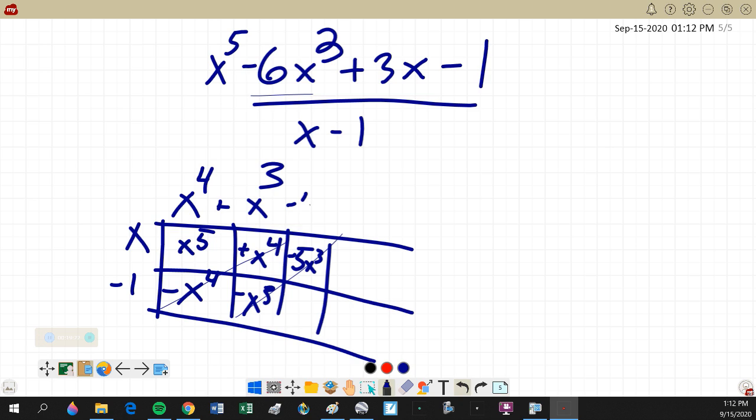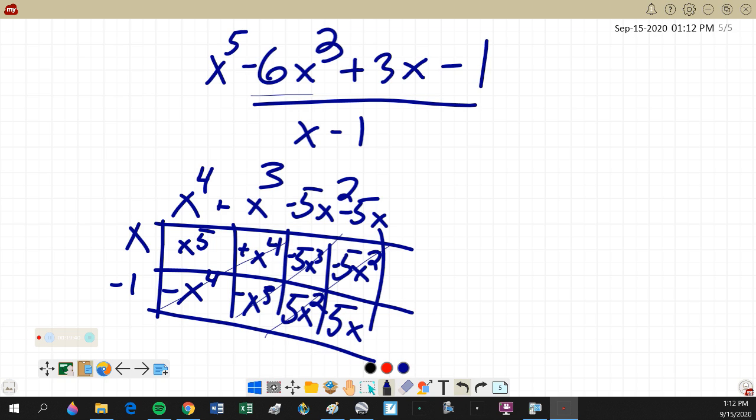Pull out an x. Multiply. So those two need to add up to be 0. Pull out an x. -5 and -1 is 5x. Those two need to add up to be 3x.